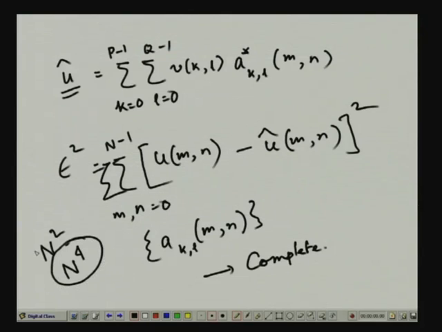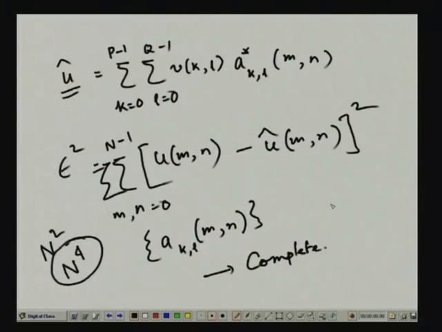So, for doing this we have to incur a tremendous amount of computation. One of the problems is how to reduce this computational requirement for forward and inverse transformation. We will continue with the discussion of unitary transformations in our next class.